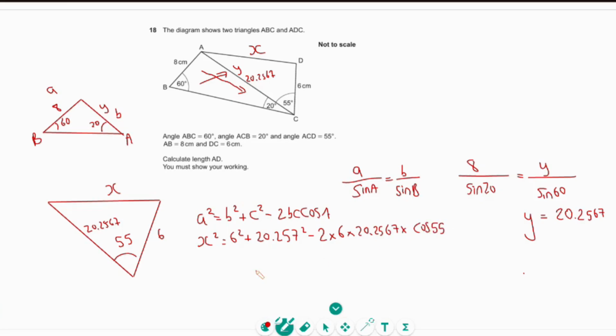I'm going to type that all into the calculator. Square root both sides. X, AD, is 17.5.